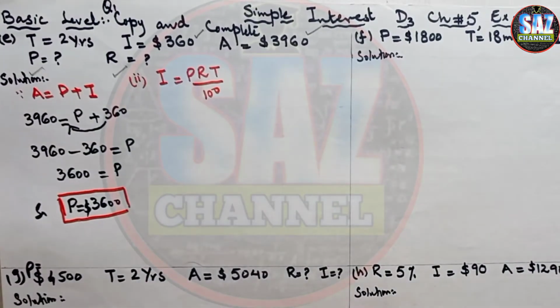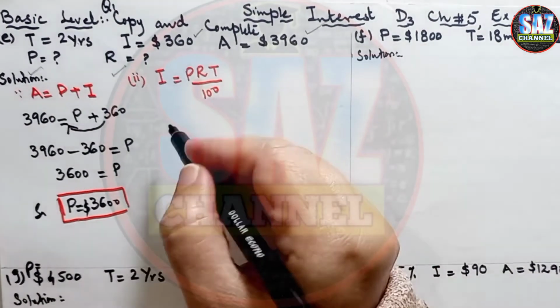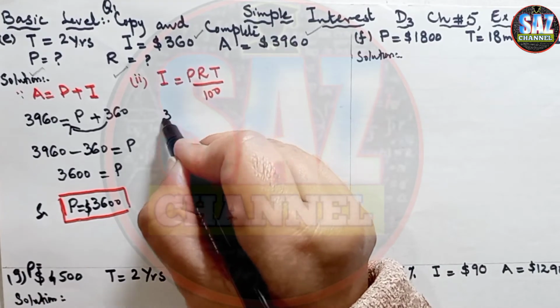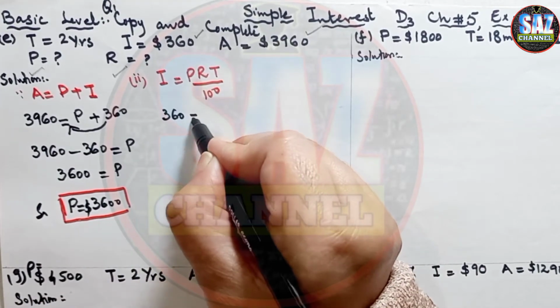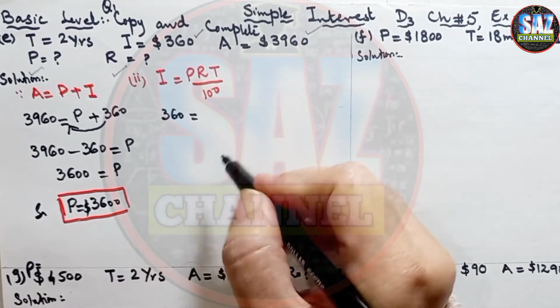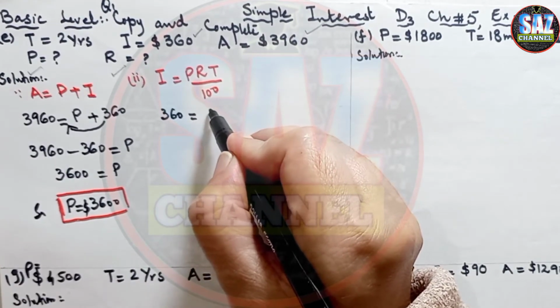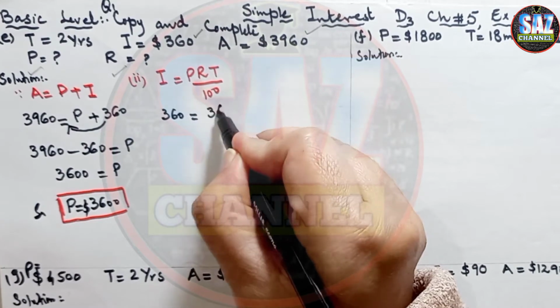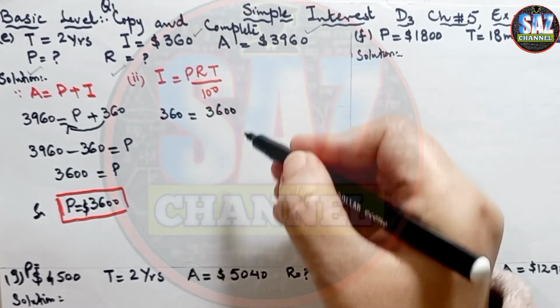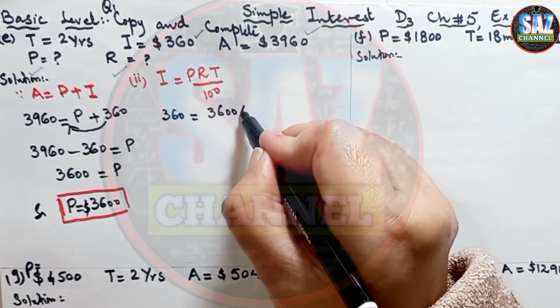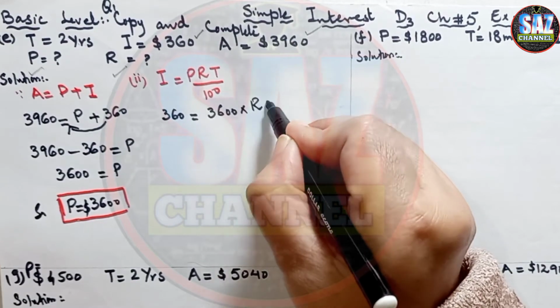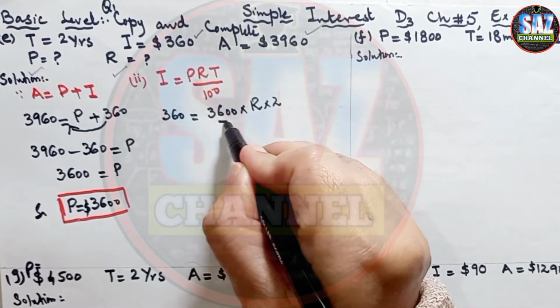Now instead of I, I have to replace 360, and the principal is 3600. The rate of the question is unknown and the time is 2 years, given in the question, upon 100.